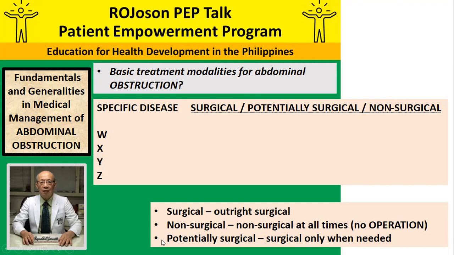So the other basic modality is that you can have the stance of watch and wait, and then if it progressed to a surgical condition, then it's called potentially surgical treatment. Surgical only when needed. So, three categories.